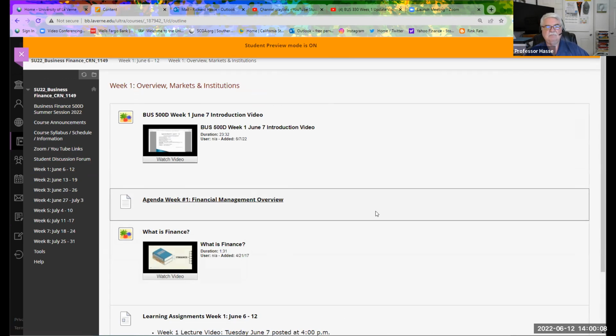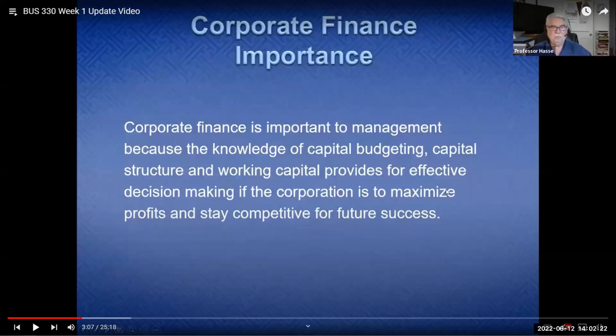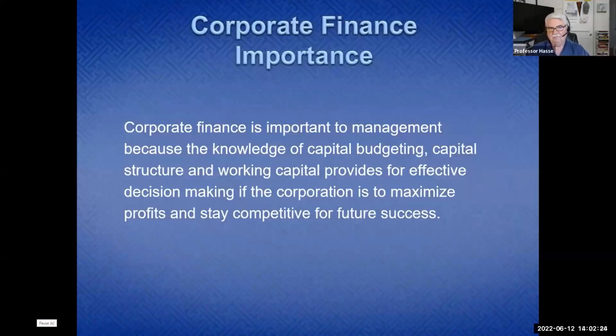So let's talk about finance. Corporate finance is important to management because the knowledge of capital budgeting, capital structure, and working capital provides for effective decision-making if the corporation is to maximize profits and stay competitive for future success. We'll be studying a lot of capital budgeting in weeks 4 and 5.